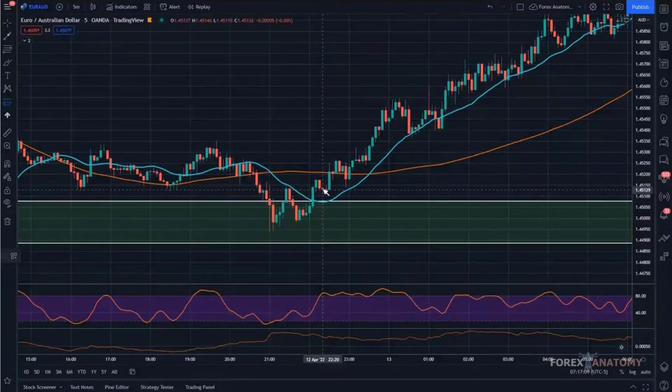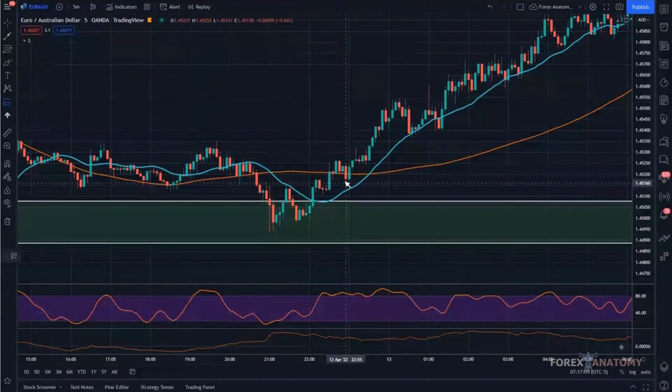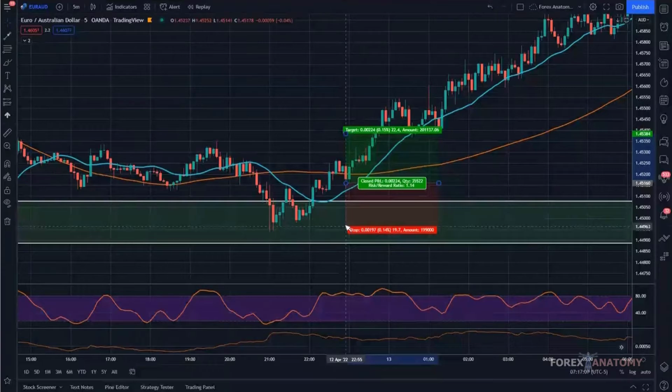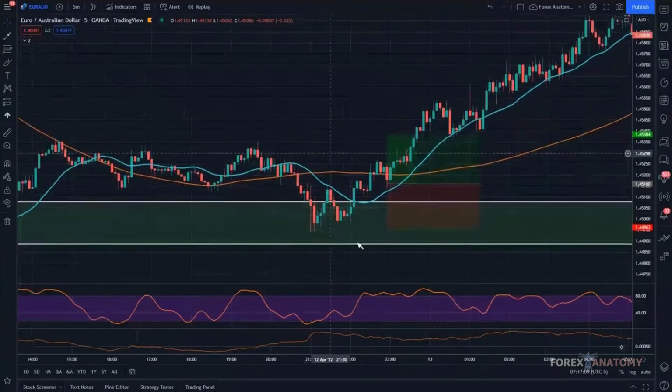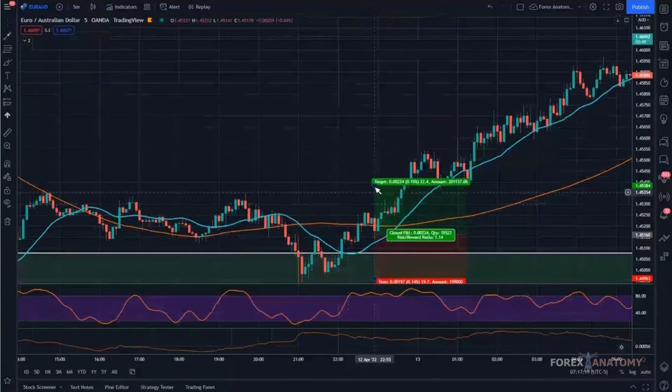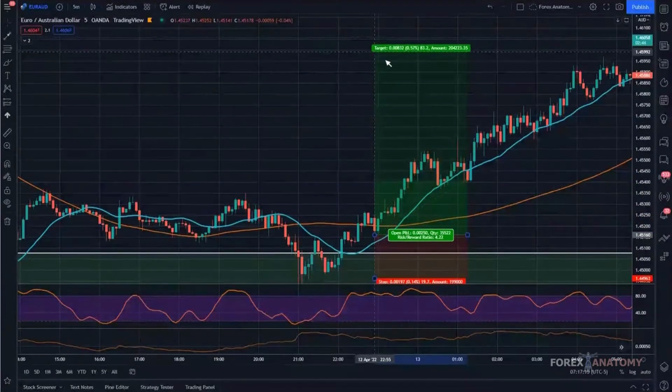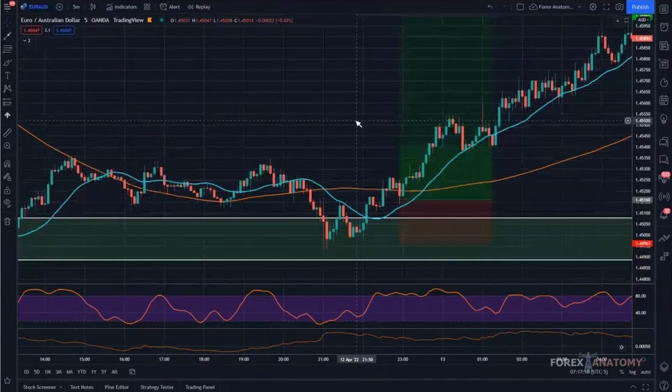But let's just do this second one right here. If price was to go here, then we have our support, a stop loss at the lows right here. And if we go to 4,600, that's about a 4.22 reward to risk ratio, which is good. It's a very high reward to risk trade.